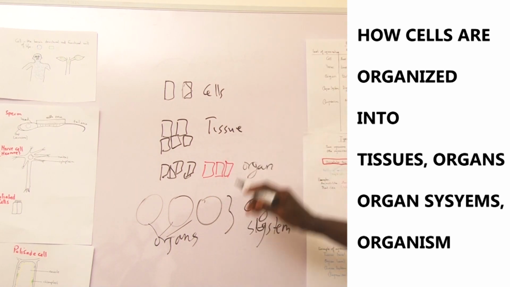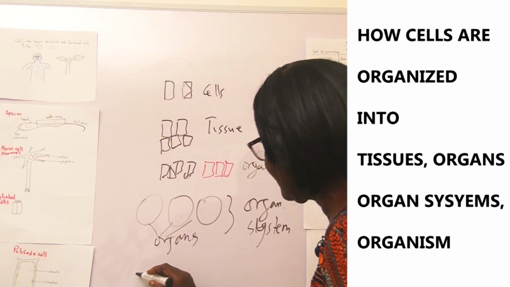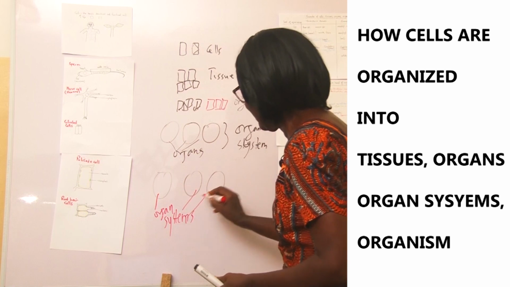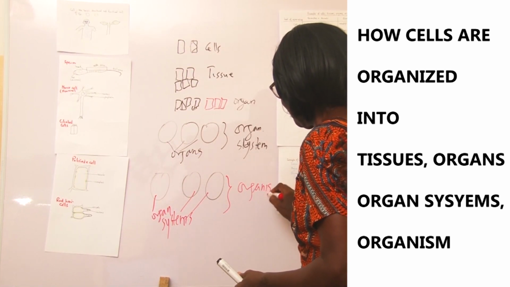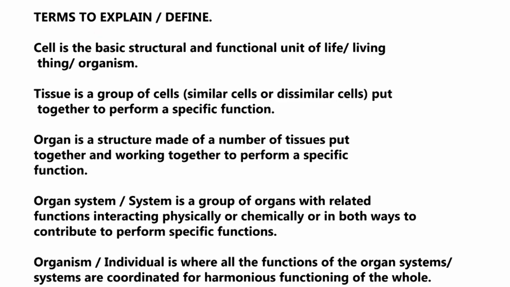So the organ system, a lot of organ systems are put together. So this is an organ system, organ systems, and they are put together to form the organism. Cells are organized neatly. So in short, you have the definition of cells, tissue, organ, organ system in your notes for you.